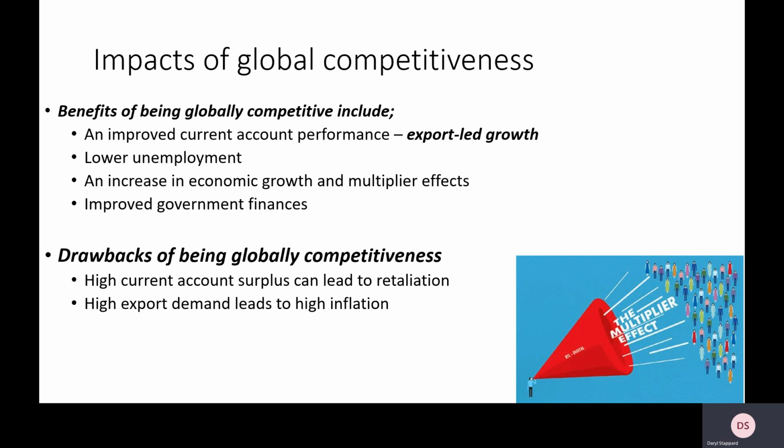Now, overall, everyone, I think we would argue, though, that being internationally competitive is really, really important. It's a good thing. And the way that we would improve our competitiveness is to use supply-side policies. So you might look to ways to improve productivity. This could be through more immigration, which could tackle skill gaps and labour shortages and bring down wage rates.